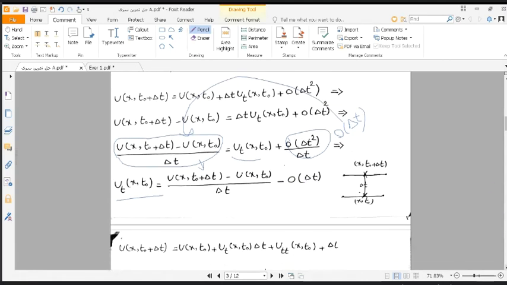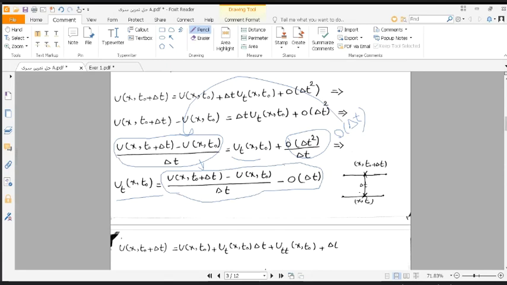This formula says that for u_t(x, t0), you can use this expression for the derivative with respect to t.